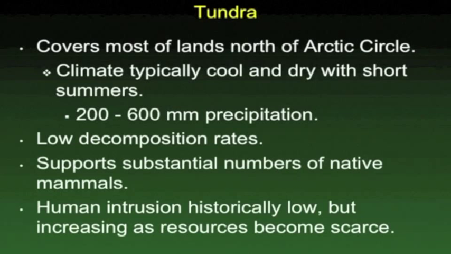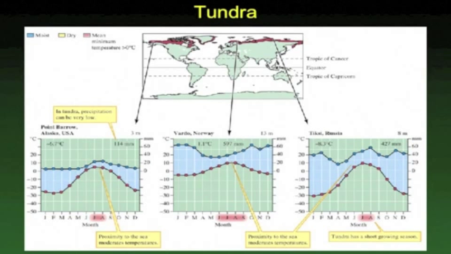There's quite a number of animals living in this area. When we look at the diagrams here, we see that there is a significant amount of precipitation, but a large portion of the year is below freezing.